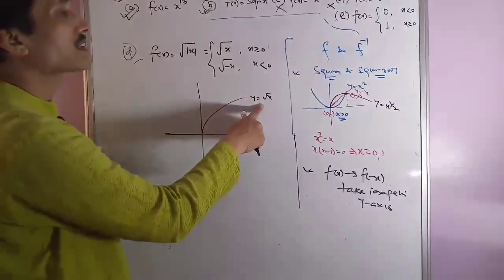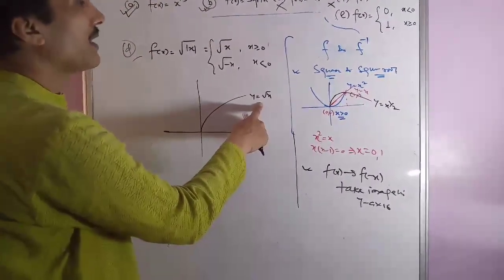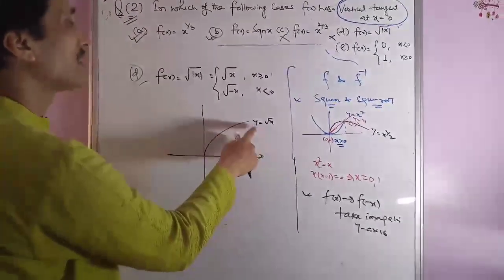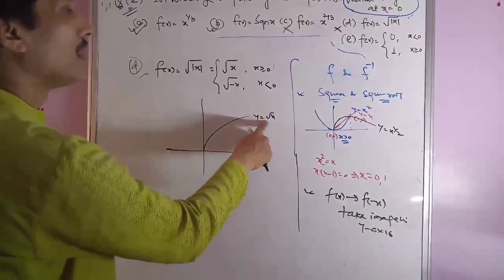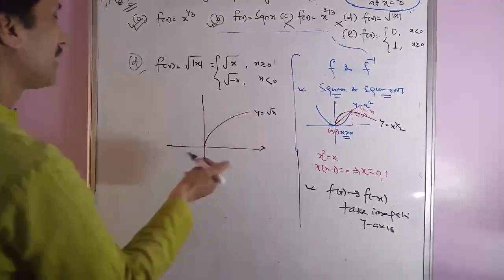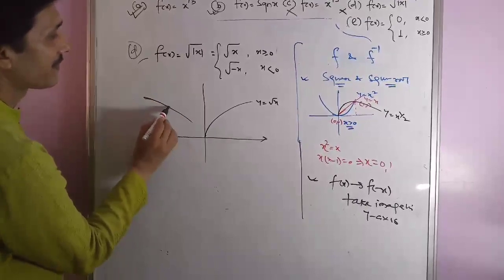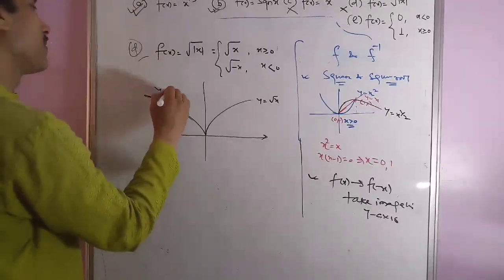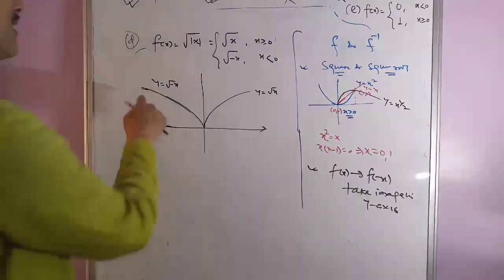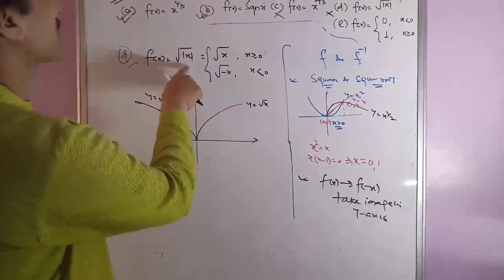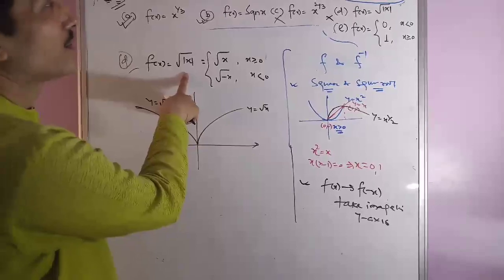We replace x by minus x, we get f of under root minus x, and these two branches jointly represent f(x) equal to under root mod x.